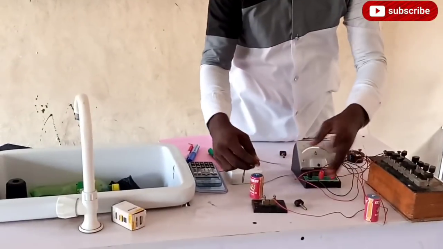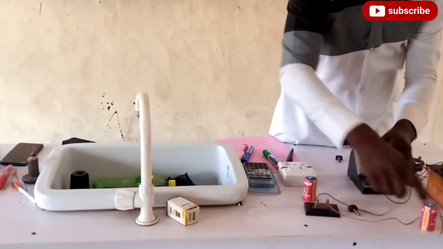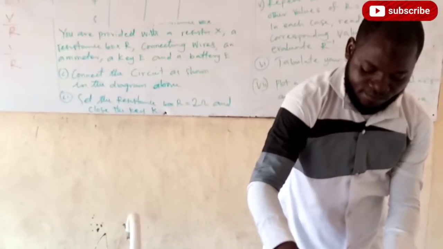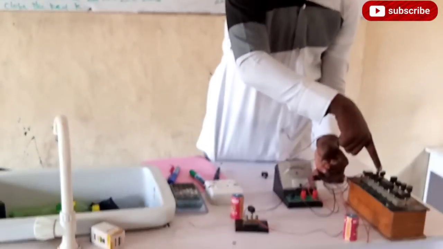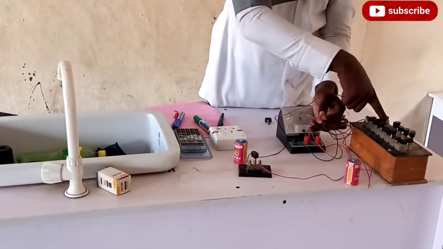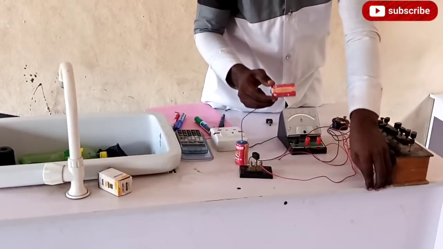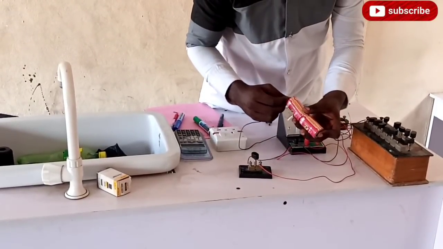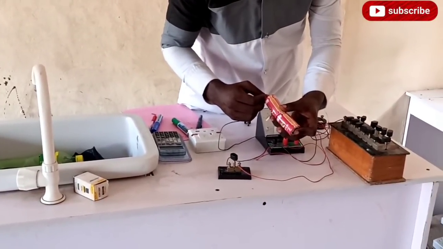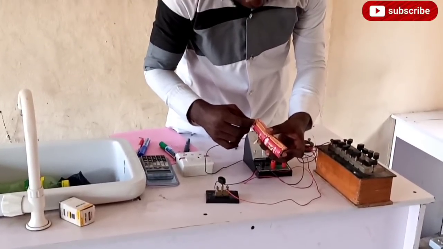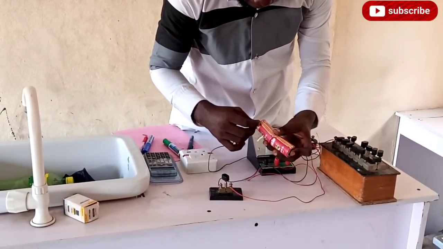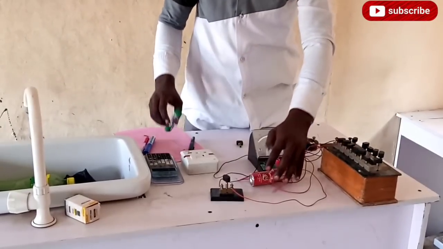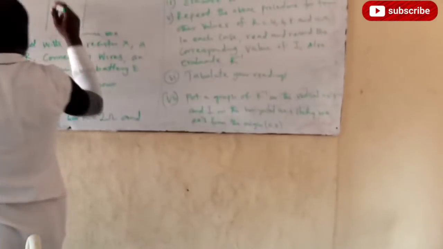You don't need to stress yourself over that. So I will close the key since I've set my resistance to 2 ohms. So according to my reading now, I have 2.80 on my ammeter. So I will put that down.